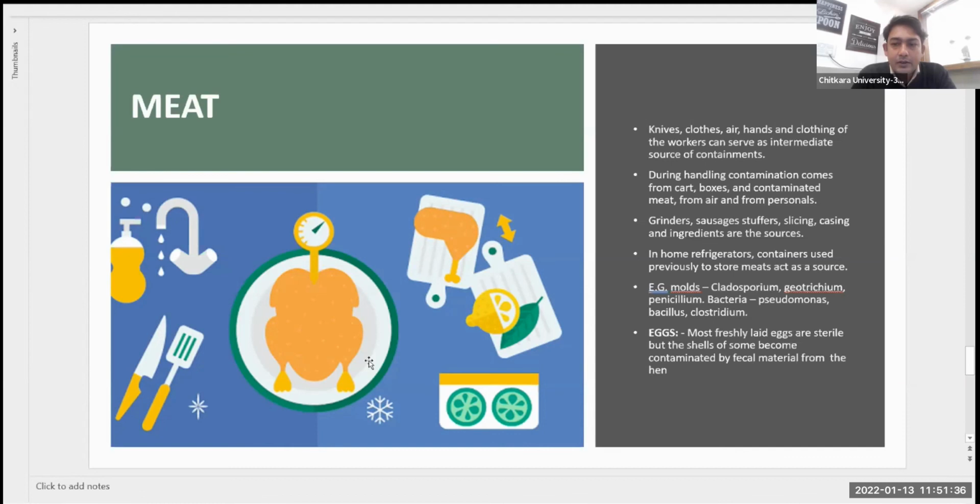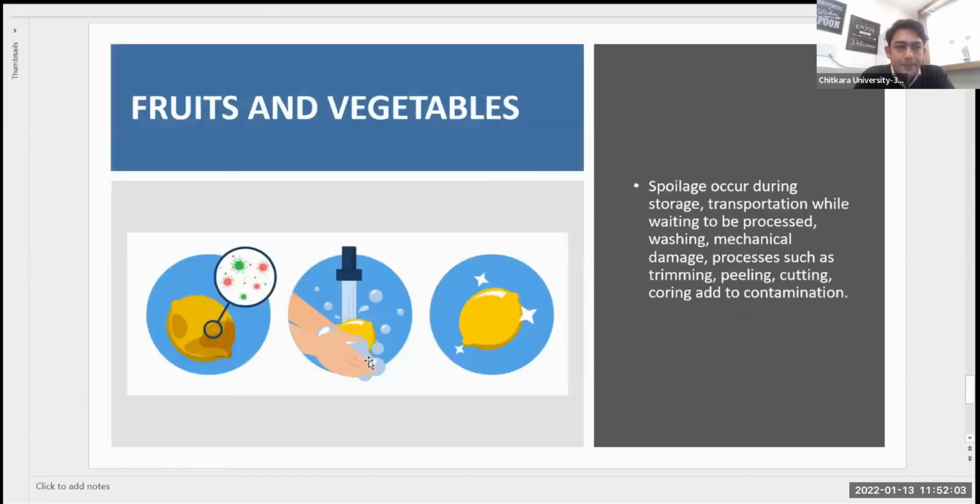Molds like Cladosporium, Geotrichum, and Penicillium, and bacteria like Pseudomonas, Bacillus, and Clostridium tend to grow on meat product that is either not refrigerated properly or not cooked properly. So it is important that the meat product is in healthy condition and cooked properly. And if not cooked at the time, it should be stored properly at the right temperature.